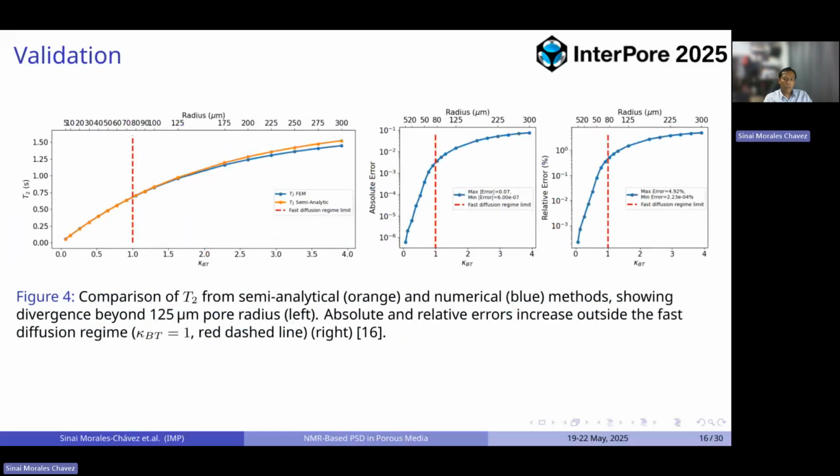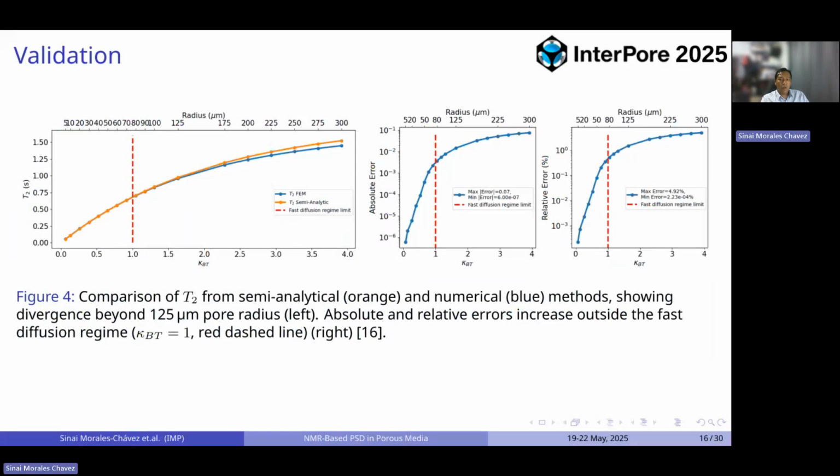In this second comparison, we analyzed the T2 relaxation times as a function of pore radius. The semi-analytical solution is shown in orange and the numerical model in blue. As we can see, the results remain in close agreement up to a pore radius of around 125 microns. Beyond that point, small deviations emerge, particularly outside the classical fast diffusion regime, as indicated by the vertical red dashed line.